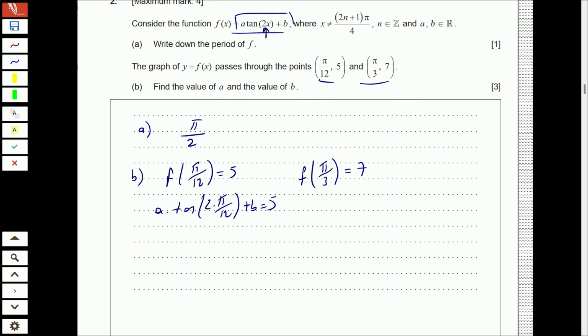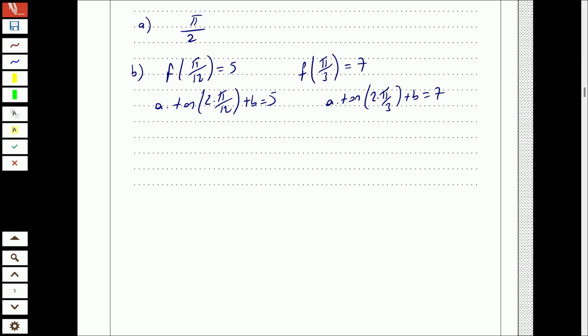And the second one will be alpha times tangent 2 times pi over 3 plus b equals 7. The first one is alpha times tangent pi over 6 plus b equals 5, and tangent pi over 6 equals square root of 3 over 3, or you can say 1 over square root of 3.